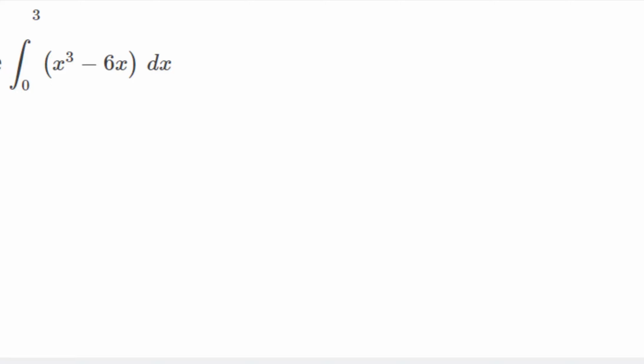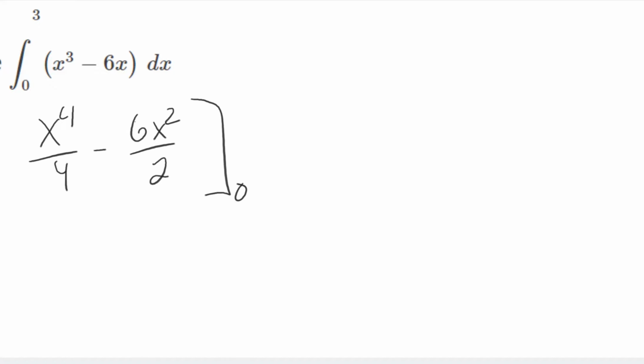So we have x to the 4th over 4 minus 6x squared over 2, and we're evaluating it from 0 to 3.